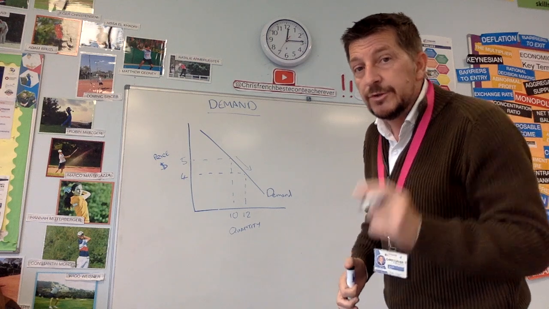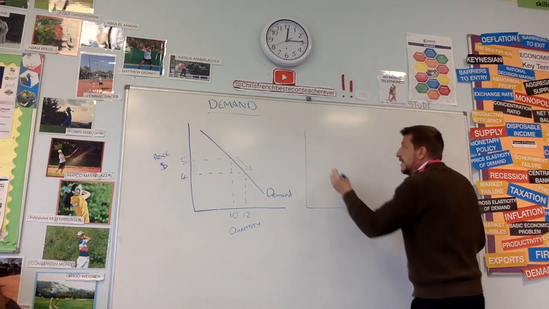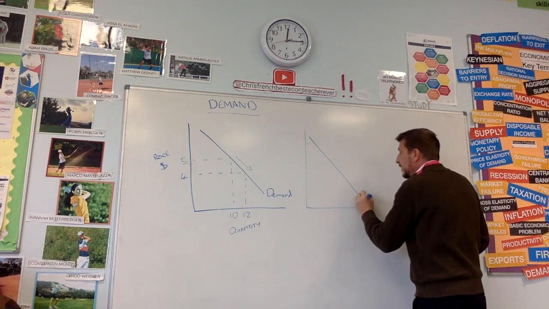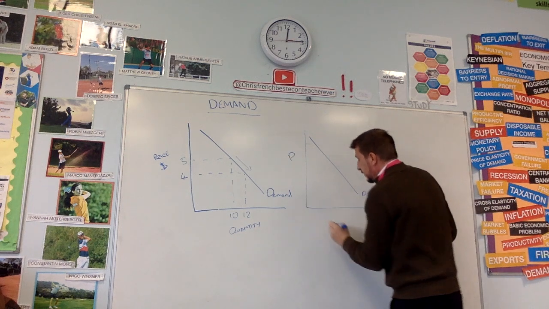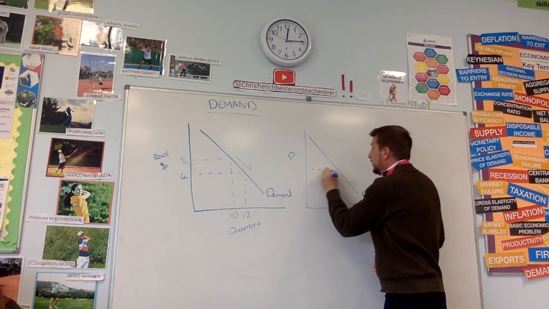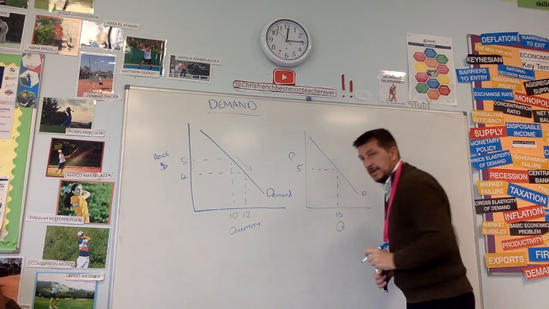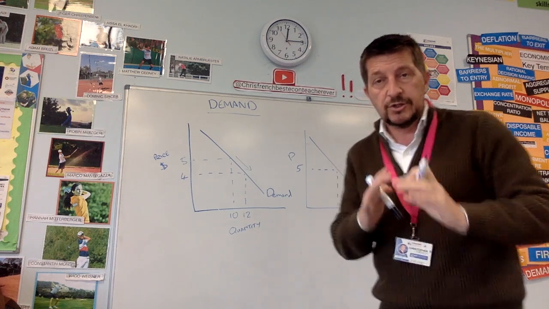But we also know that when we have what we call a non-price determinant, that means something else changes, not price, then we will see that we have, say that's at $5 and that's at 10. Now, let's change something else.